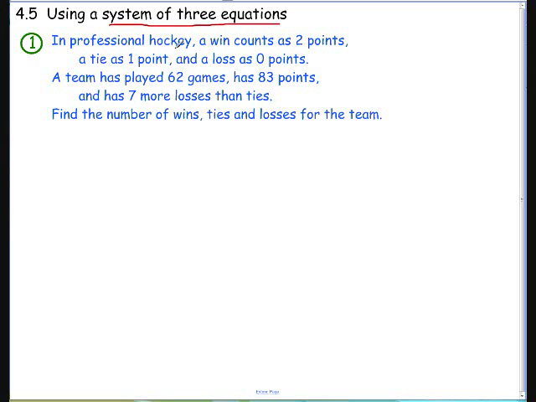In professional hockey, a win counts as 2 points. So for each win, we get 2 points. And we get 1 point for each tie.